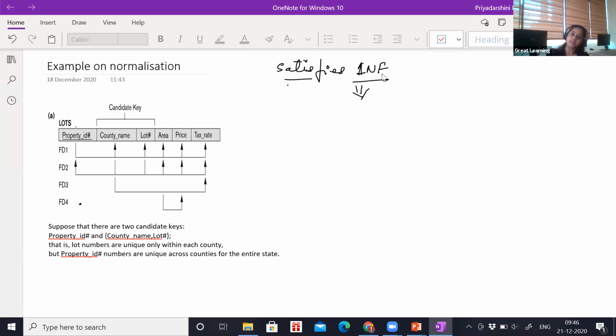That's why they have not given it as a primary key here. One they have underlined. That's the first candidate key. Second, they have given like this. This also is a candidate key. So your non-prime attribute should be fully functional dependent on either of the candidate keys when you have more than one.